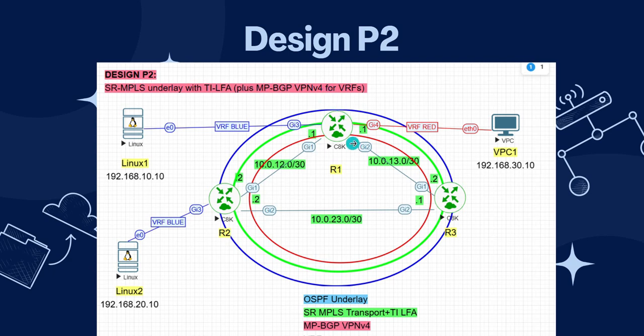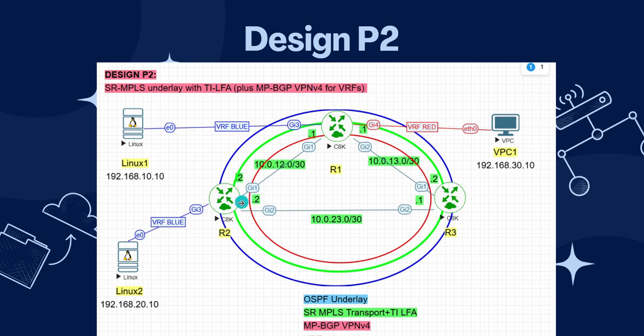In segment routing MPLS, all the nodes in the network have a router ID, like in EIGRP or BGP, but in this case on the MPLS side.